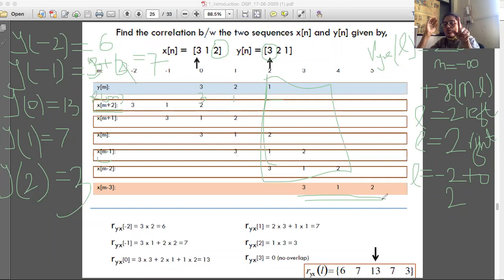And in order to correlate the first point of the second sequence with the last point of the first sequence, how many units of right shift are required? So we should understand the amount of shift on the left hand side and the amount of shift on the right hand side, and then we can find the correlation between two sequences. Okay, so this is about the correlation.